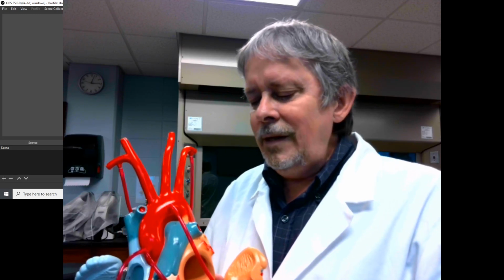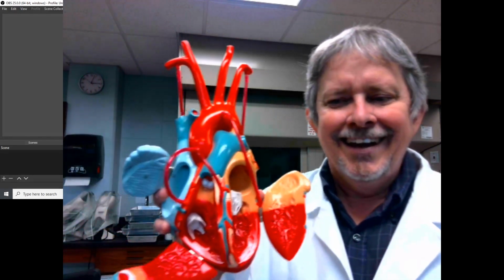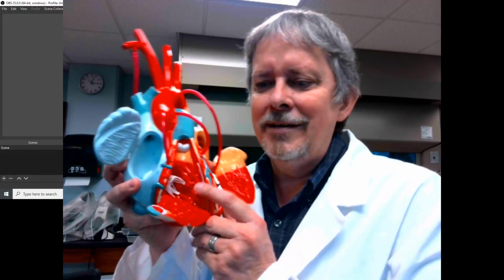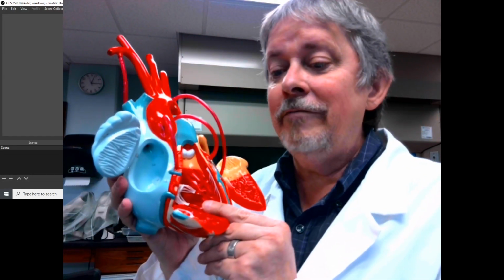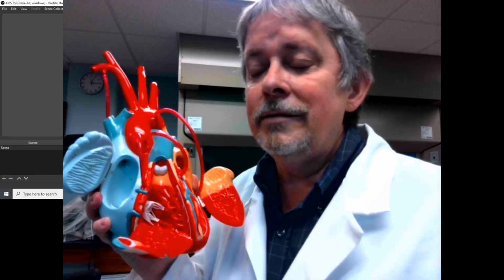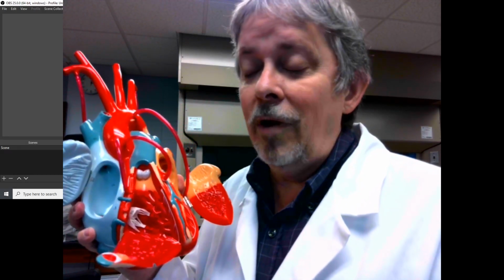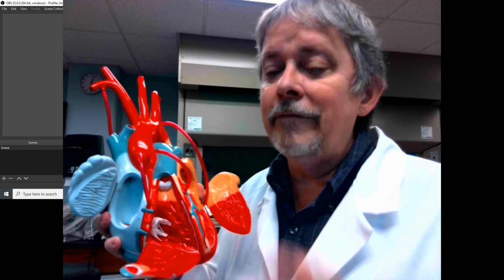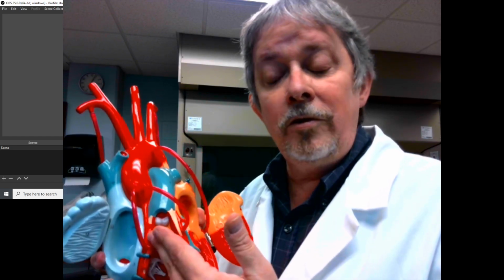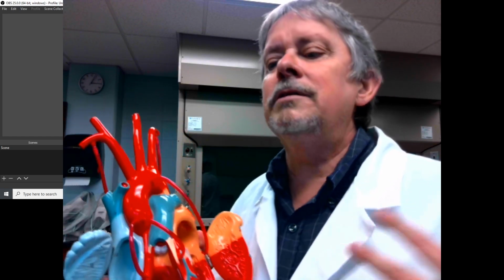So let's go through this whole system again. All right, so oxygen-poor blood comes through the superior and inferior vena cavas into the right atrium. Goes through the right AV valve into the right ventricle. Up to the right semilunar valves, through the pulmonary arteries to the lungs, where it picks up the oxygen.